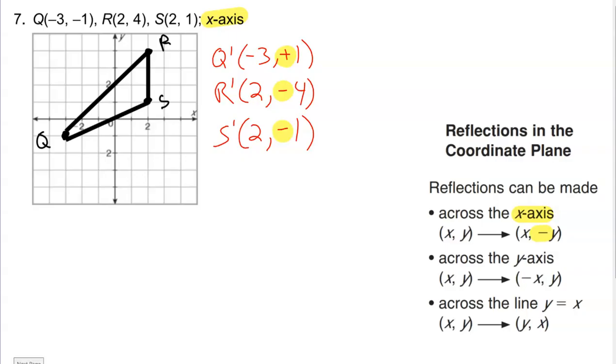Or you can still count from the x-axis. So here is 1 to the x-axis, so I count 1 away from it, and I get Q prime. On R, I counted down 4 to the x-axis, so I counted 4 away from it for R prime.